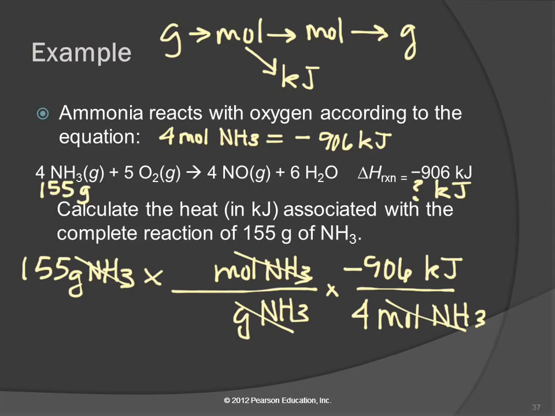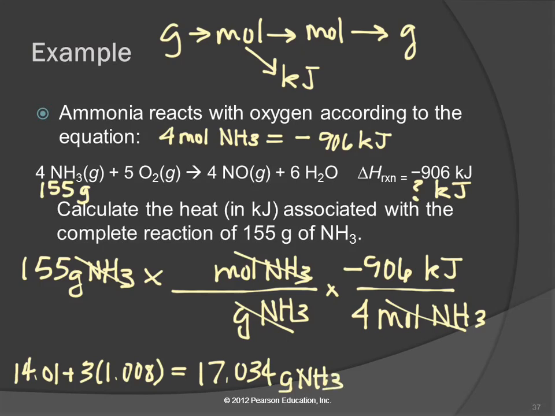So we take nitrogen is 14.01 and 3 hydrogens, and we're just getting those numbers off the periodic table. 14 is the mass of 1 mole of nitrogen, and 3 moles of hydrogen times its mass, and that comes out to be 17.034 grams of ammonia is equal to 1 mole of ammonia.